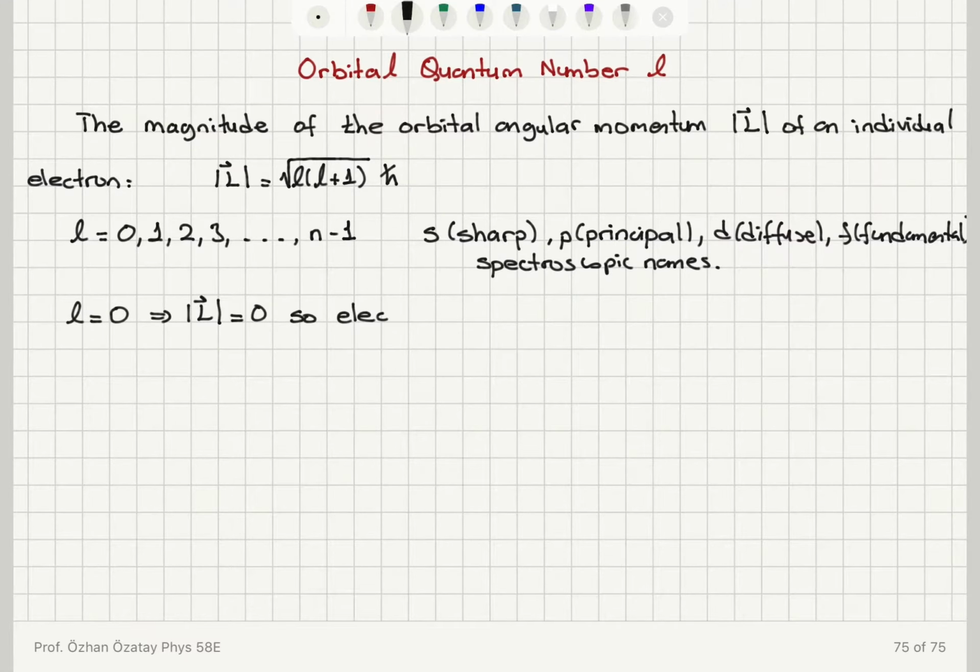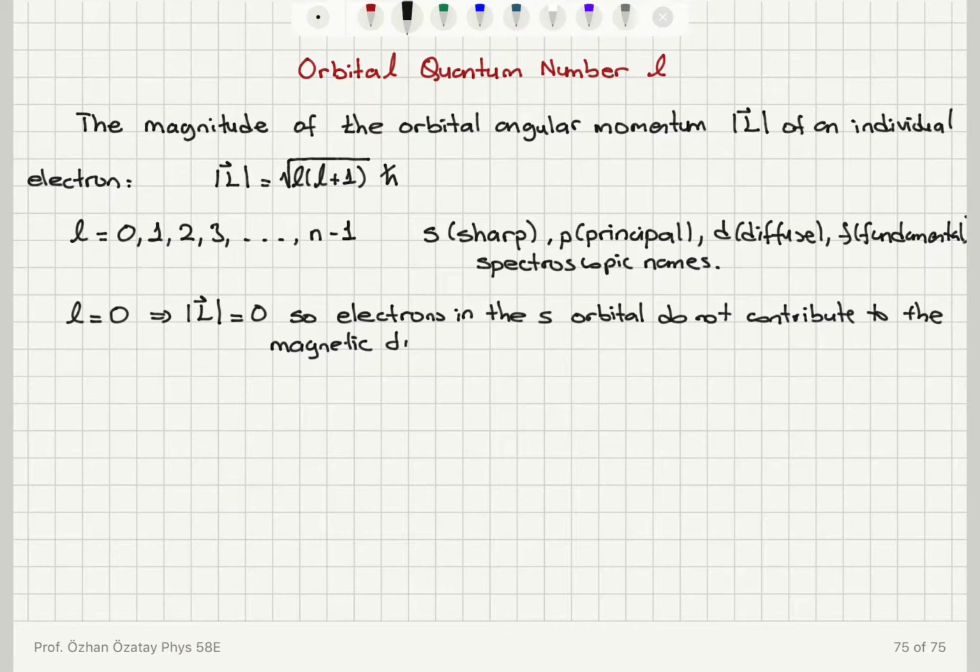Electrons in the s orbital do not contribute to the magnetic dipole moment of an atom due to their orbital angular momentum.